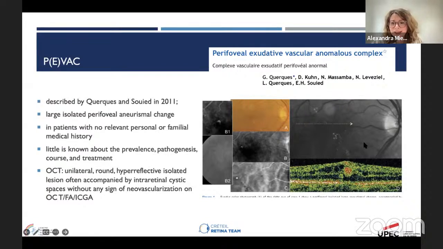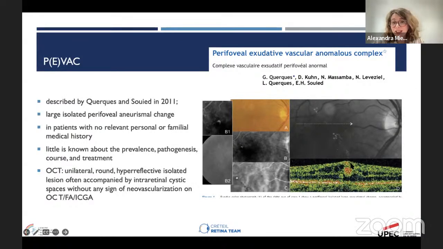And what characterizes PVAC is that there is this large isolated perifoveal anomalous aneurysmal change, as you can see here, sometimes accompanied by exudation. I say sometimes because it has been proven by Riccardo Sacconi later on that PVAC does not always have exudation. That's why I put the E in between brackets.